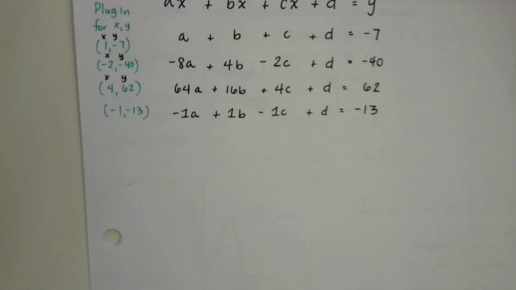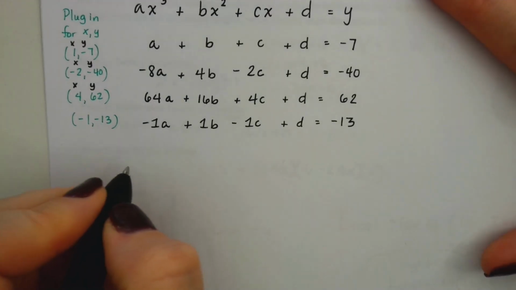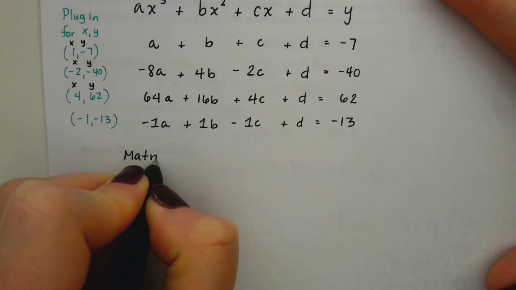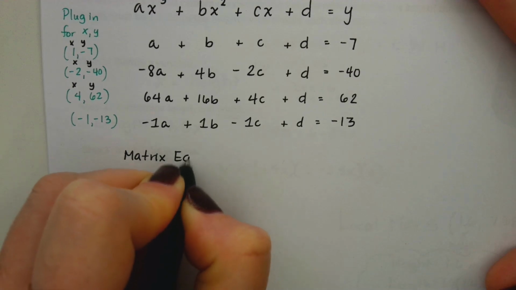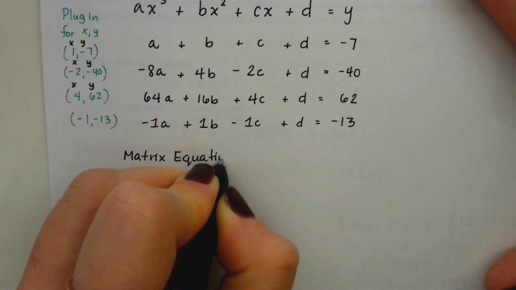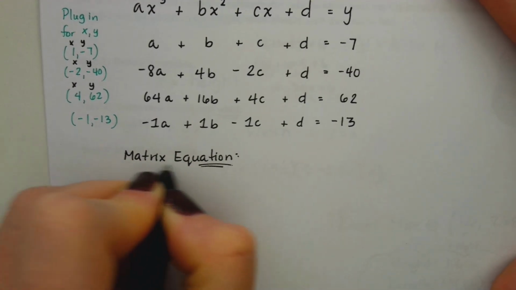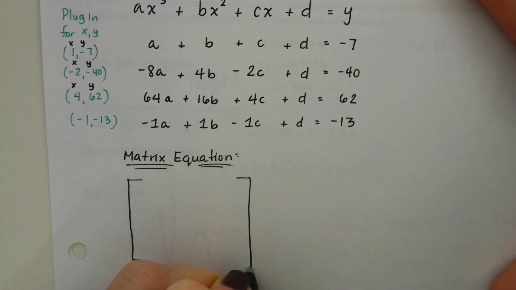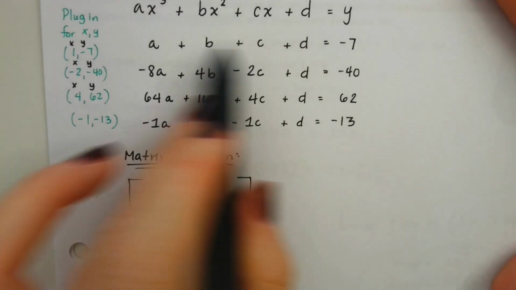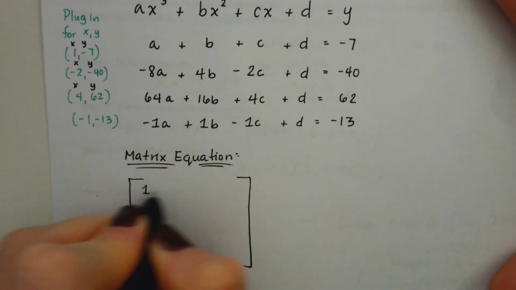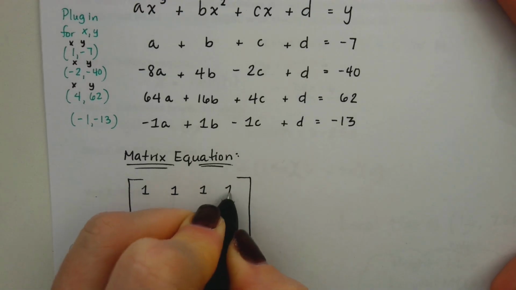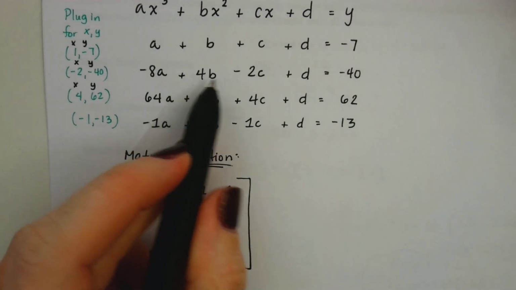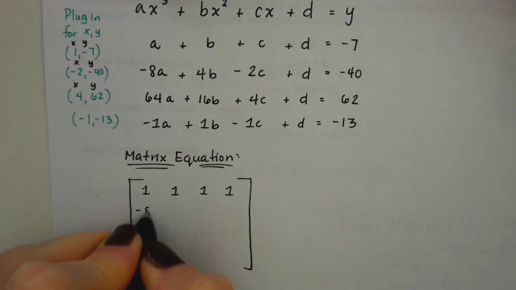All right, from there, let's put together our matrix equation. Top row of coefficients is 1, 1, 1, 1. Second row of coefficients would be negative 8, 4, negative 2, 1.